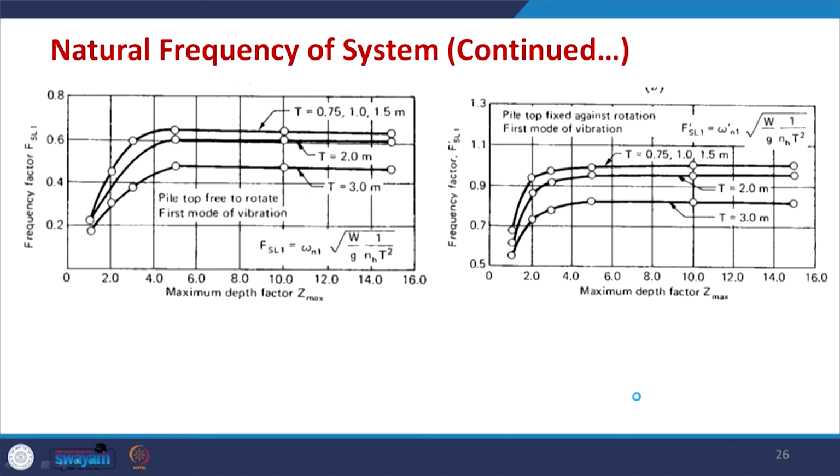Then second thing, in this case one is pile top free to rotate, and in the second case pile top is fixed against rotation, and three curves are there. The first curve is when T is 0.75, 1 and 1.5, second curve is for 2 meter and 3 meter, and the same is the case here. So, first of all what we do, we select the value of Z max, we select the curve corresponding to the given value of T and find this frequency factor FSL1 or FSL1 prime, whichever is the case applicable.